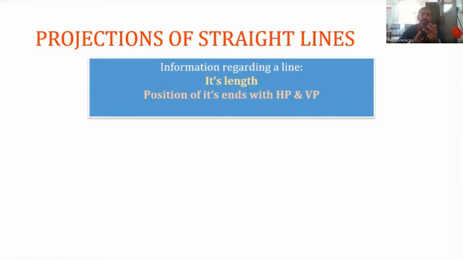So that constitutes 5 dimensions. Length is one piece of information. If the position of one of its ends is to be determined, the distance of that end from HP as well as VP is required. So that constitutes 2 pieces of information. And for the position of the other end, again 2 pieces of information are required. So it requires at least 5 pieces of information.